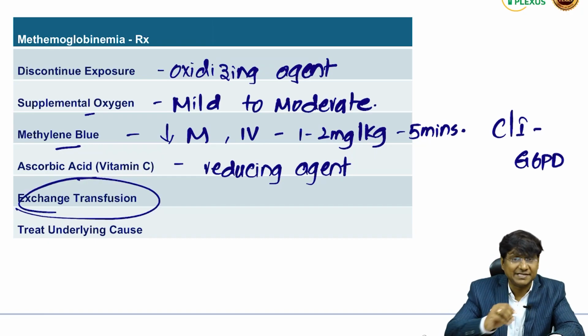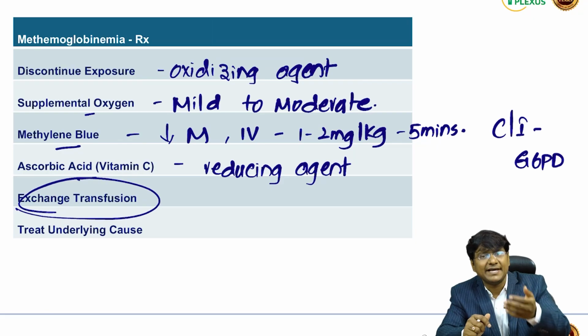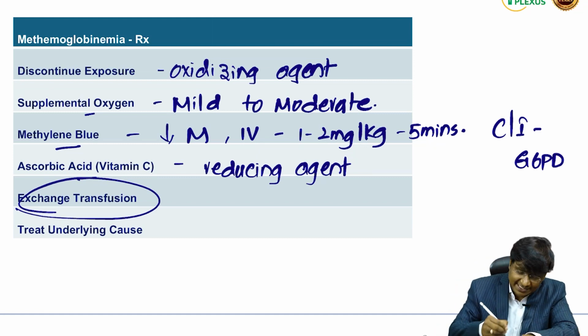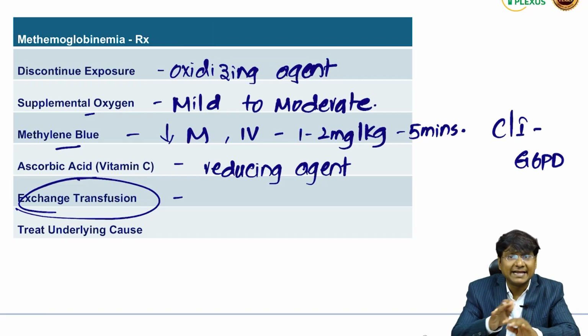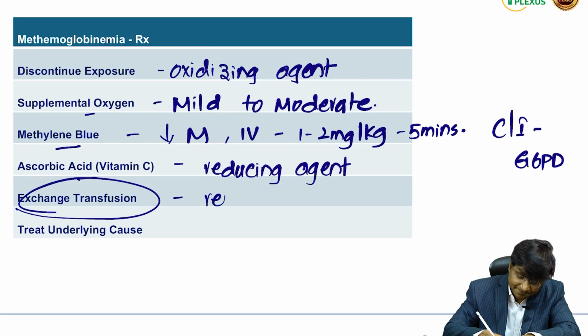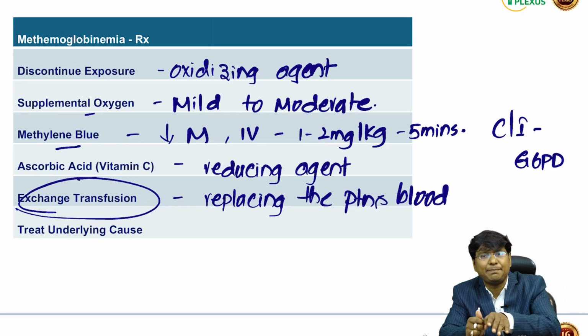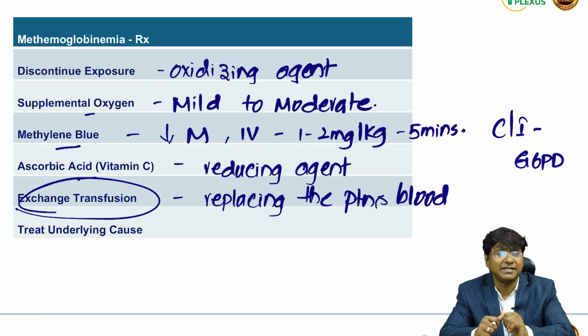Next is our question, that is exchange transfusion. In severe cases of methemoglobinemia or when other treatments are ineffective, exchange transfusion can be considered. This involves replacing the patient's blood with donor blood to reduce the methemoglobin levels.